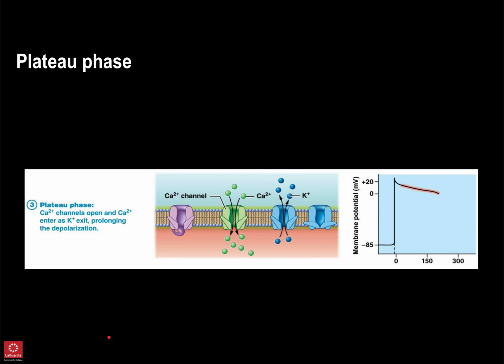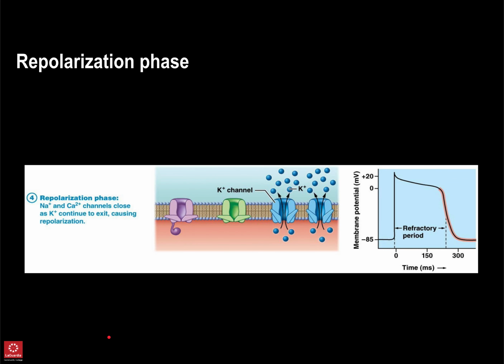Then we have the plateau phase. Here, calcium ion channels open, and calcium enters as the potassium exits. This has the effect of prolonging the depolarization. And then we get the repolarization phase, where sodium and calcium channels close, and potassium continues to exit, and this helps to cause the repolarization.